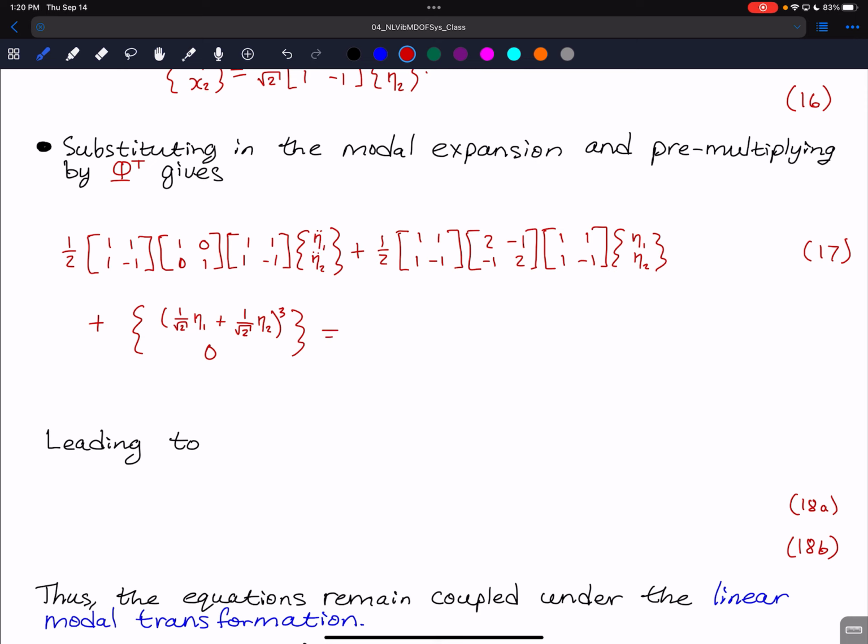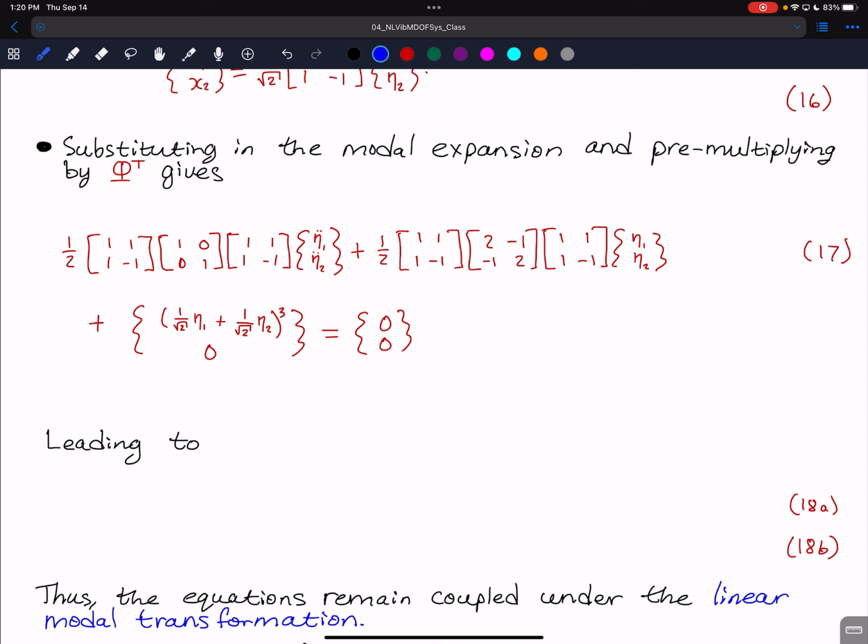And then all of this now is equal to 0, 0. Where this expression that I've circled, not including the cube though, that right there is what x1 is equal to when you do the modal expansion.